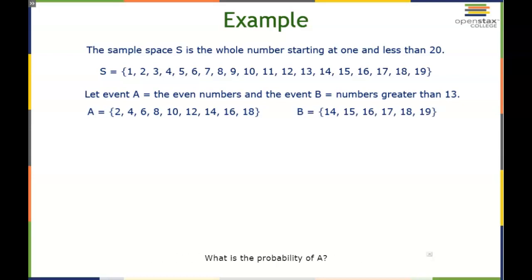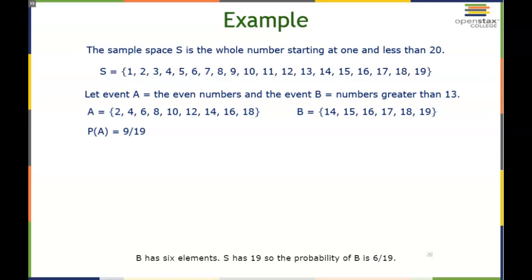What is the probability of A? So count the elements in A and then divide by the count of elements of S. A has 9 elements. S has 19 elements. So the probability of A is 9 over 19. What's the probability of B?